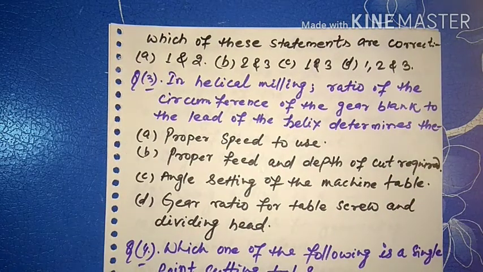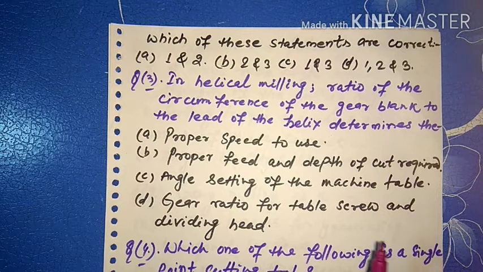Friends, in grinding operation there are some specific properties of grit. Grit means the size of the abrasive grains is indicated by grits, or we call it grit size. And grinding is the true cutting operation and the grain size also indicates the size of the cutting teeth. Means grit indicates what the size of the cutting teeth is. Now, in grinding operation there are some specific properties of grit.